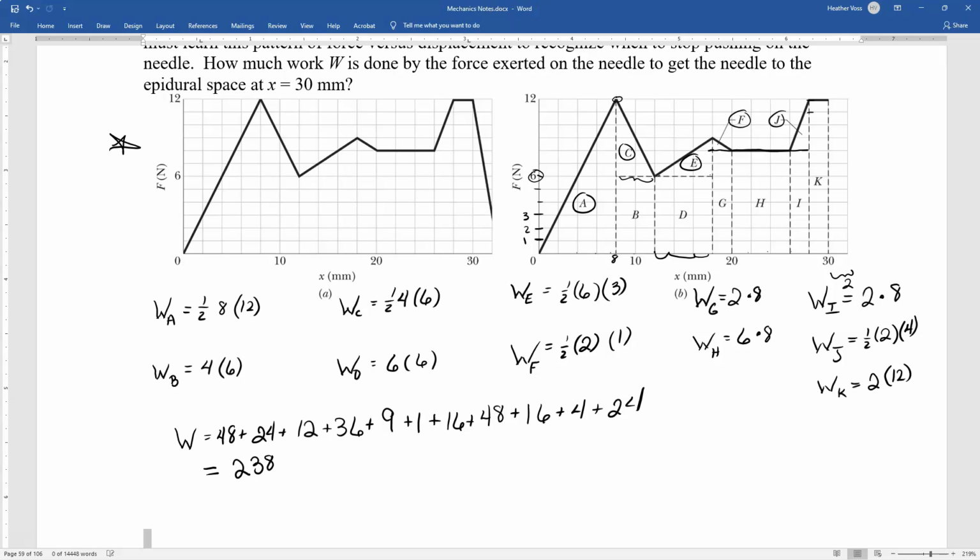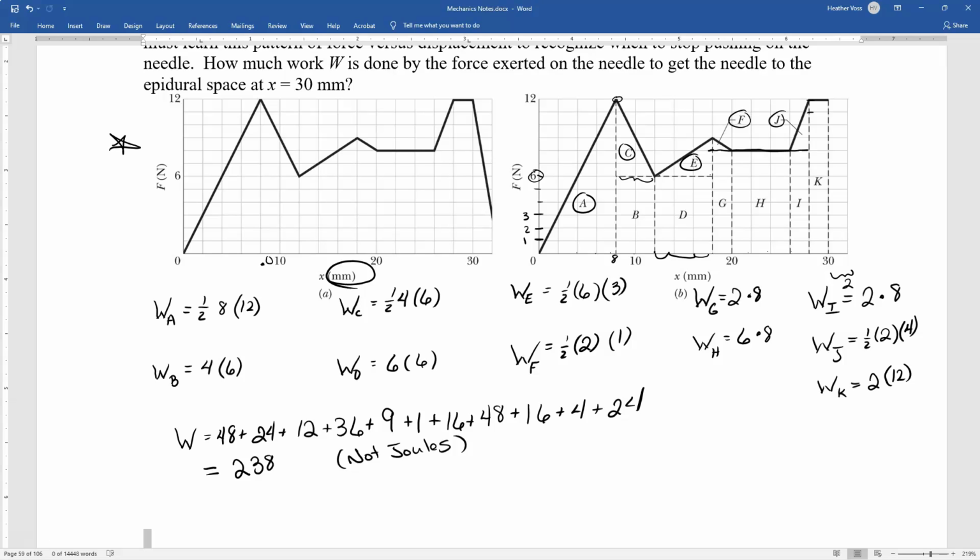238. Now, I have to be careful because this is not joules. How do I know it's not joules? Look at my units right here. That is millimeters. Now, typically we have to get things in terms of meters, right? So to get this in terms of meters, I would have to slide this over 3 spaces.